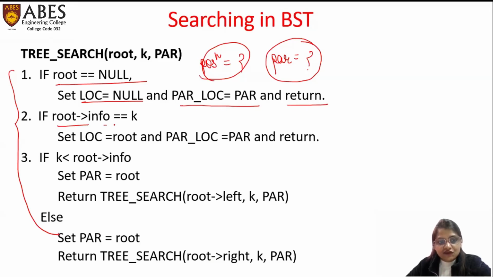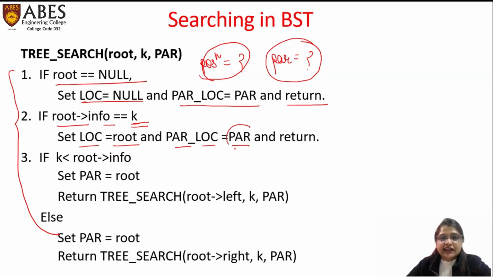If root info is equal to the desired data item for which I am looking, then the location will be assigned as the root address and the parent location will be assigned its parent value, which will be the root parent. But we know there is no parent of root.